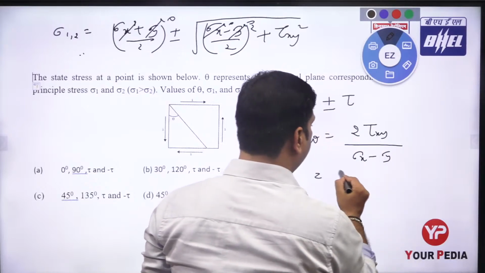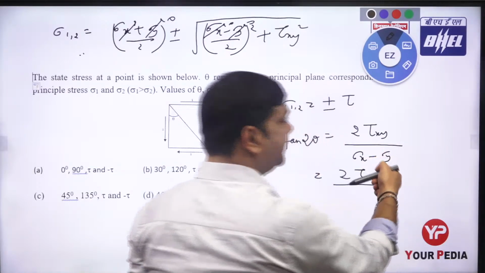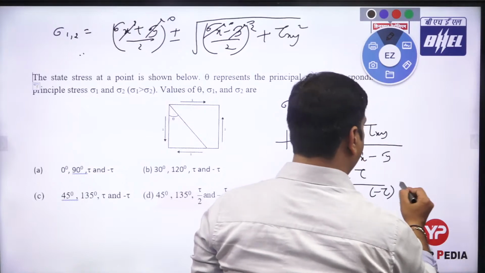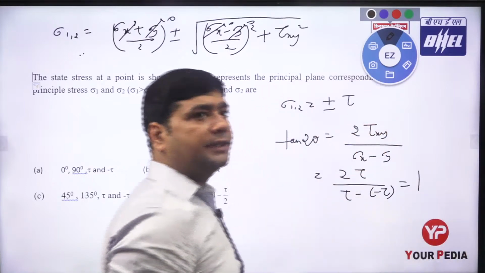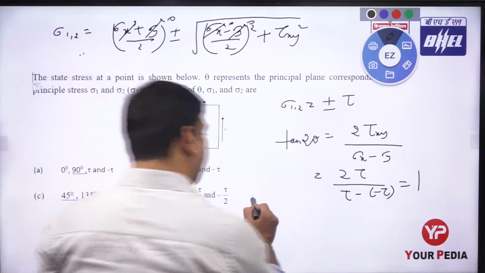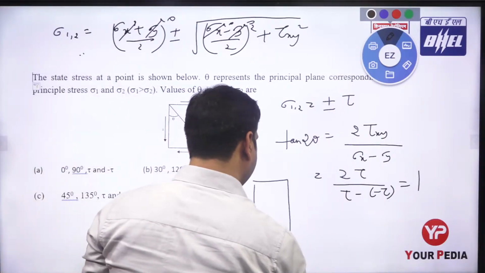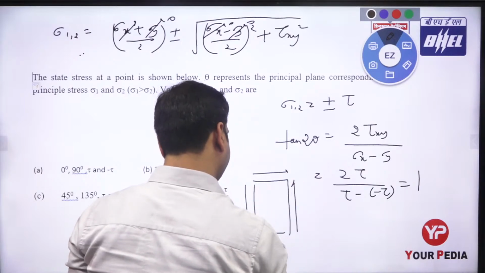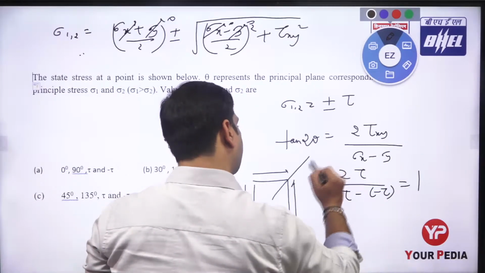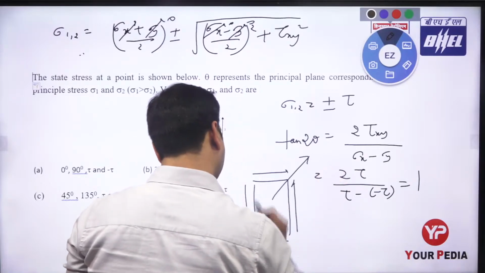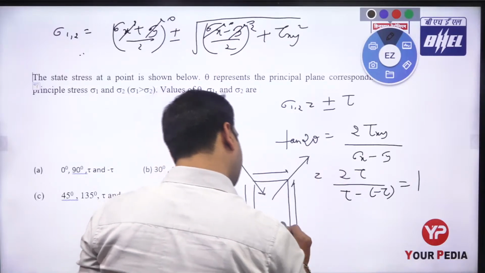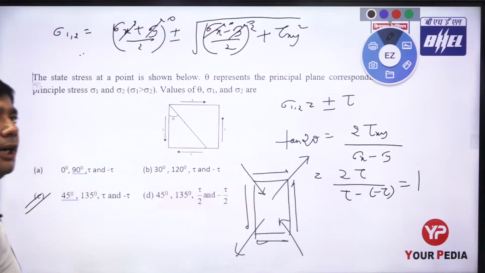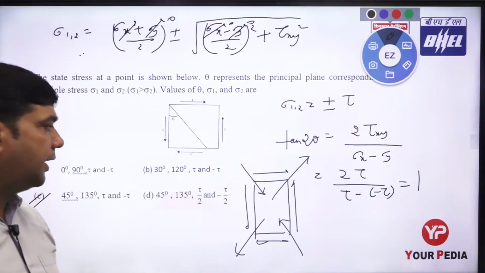Here the value is tau divided by minus tau, so it comes to be 1 in magnitude, which gives 45 degrees. I draw the diagram like this: one plane at 45 degrees and another at 135 degrees. So the answer is option C. Is this clear to you?